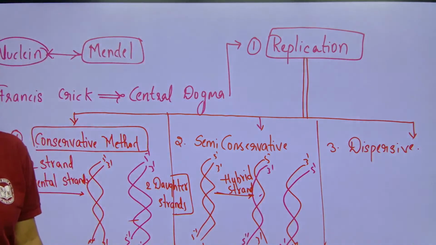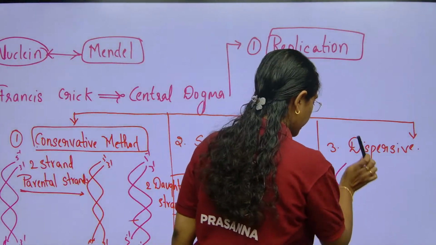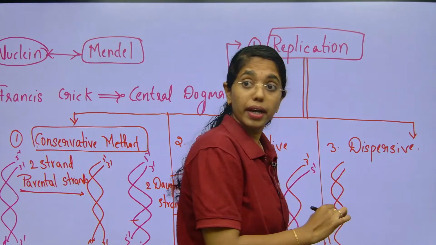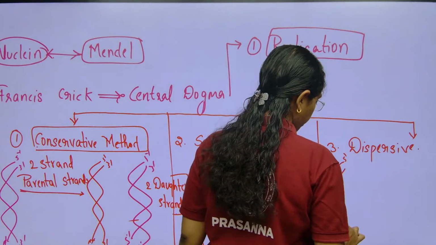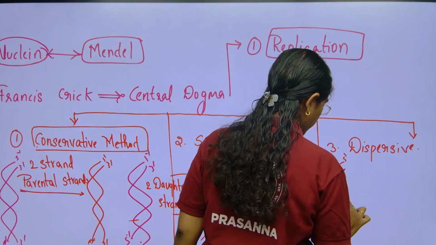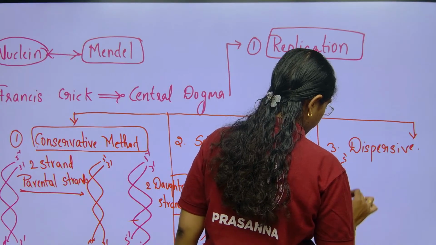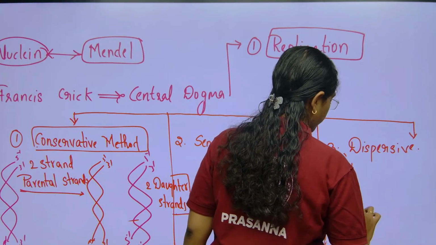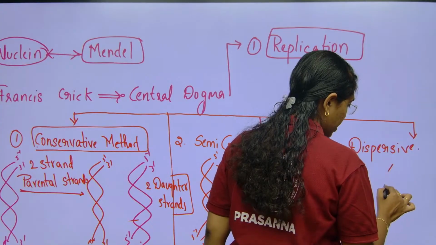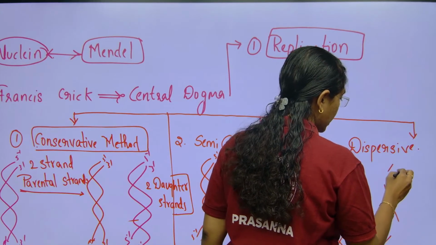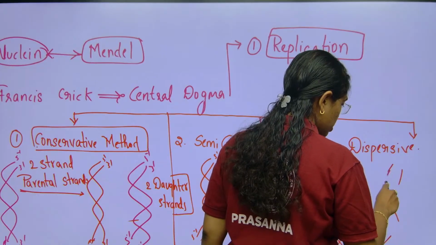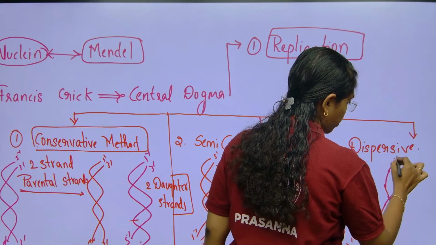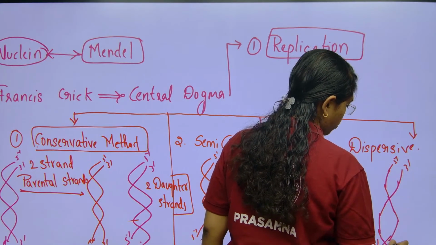In the dispersive method of DNA replication, if this is the parental DNA, from 5 prime to 3 prime and 3 prime to 5 prime, you can see the bits and pieces of the parental strand will act like templates, and daughter strands are formed like this, from 5 prime to 3 prime and 3 prime to 5 prime.